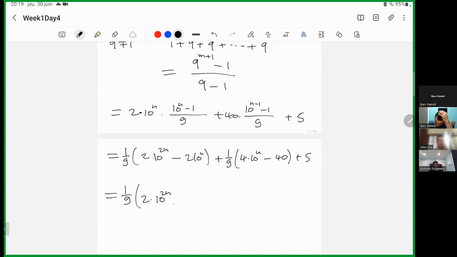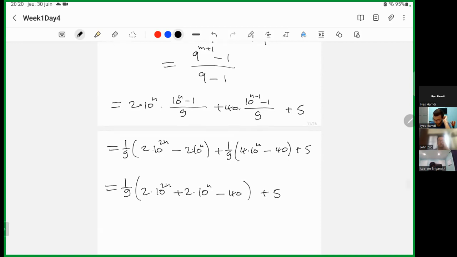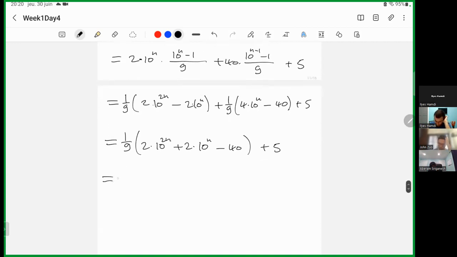Then what do I have? Then I have plus 2 times 10 to the n minus 40 plus 5, right? That's what happens. Now maybe it will be easier to construct squares within this bracket, because I know that 9 is a square. If I have a sum of squares here, then probably it will be almost done.